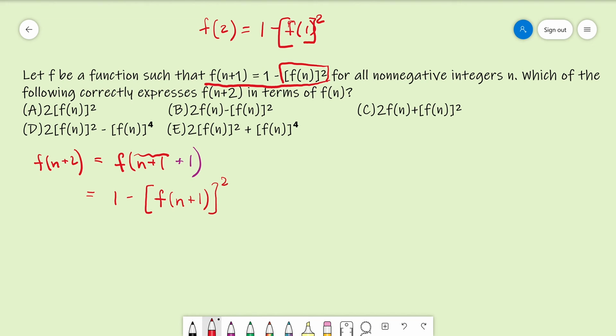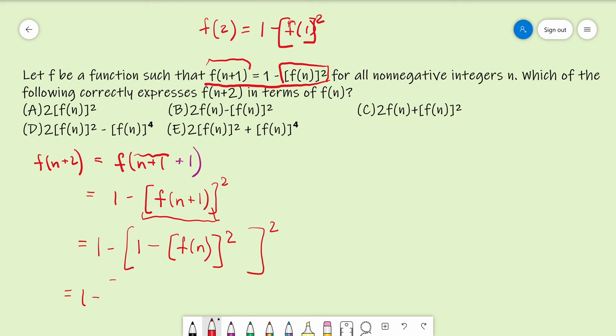And now we can substitute f of n plus 1 into this part. So that gives us 1 minus, I'm going to leave the brackets here with the square outside, and then f of n plus 1 is going to be 1 minus, and then have little brackets in here, f of n squared.